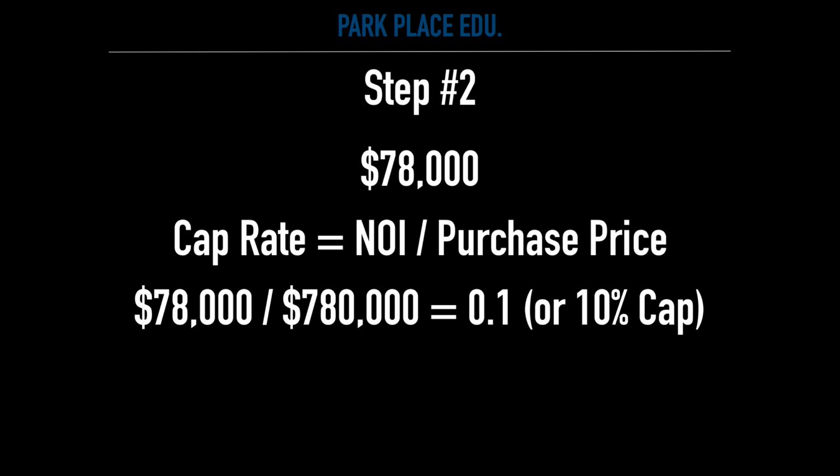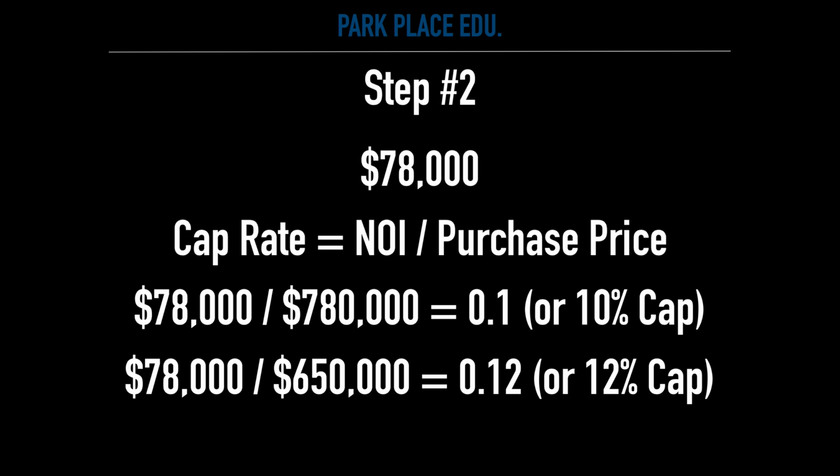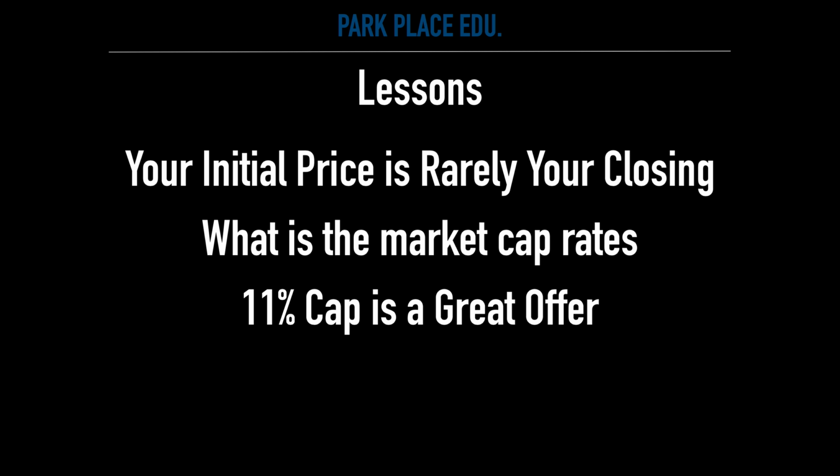So all you do is simply move the decimal over. And there's a lot of really good cap rate calculators out there. If you're not really used to this, it's worth spending 20 or 30 bucks and just buying one on Amazon. But pretty simple though. This is going to give us a 10% cap rate. Let's say, for example, now we want to offer $650,000. We just simply divide it. That's going to give us a 0.12 or a 12% cap rate.